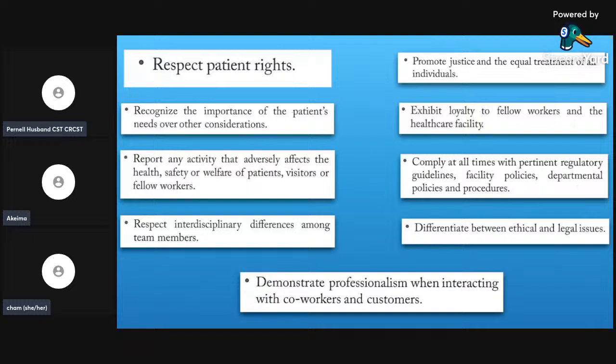We want to be able to report any activity that adversely affects the health, safety or welfare of patients, visitors, or fellow workers. Exhibit loyalty to our fellow workers in the healthcare facility. Be able to differentiate between ethical and legal issues. Demonstrate professionalism when interacting with coworkers and customers.